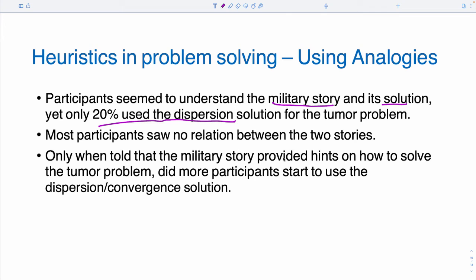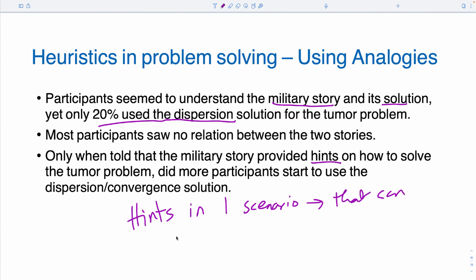Only when told that the military story provided hints on how to solve the tumor problem did more participants start to use the dispersion or convergence solution. So providing information that there are hints in one scenario that could apply to another helps. So that is one thing that helps.